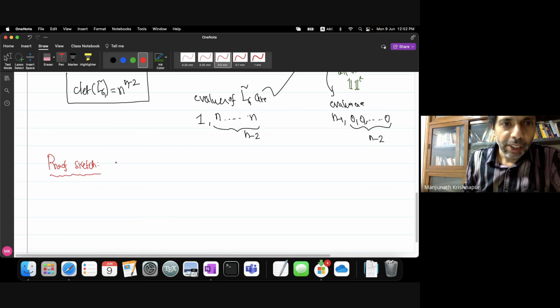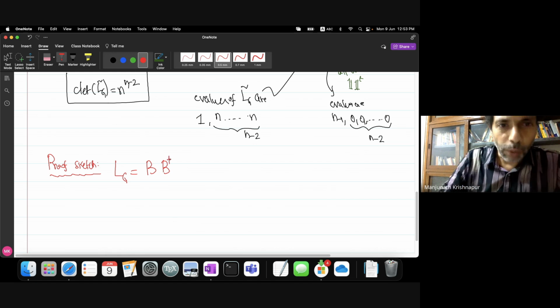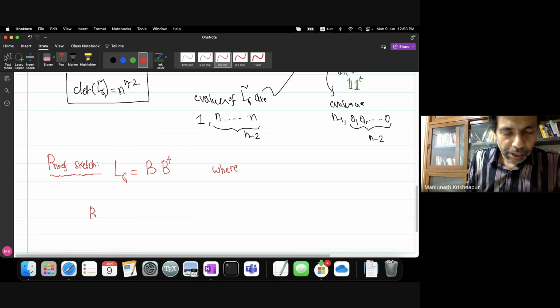Proof sketch is that LG can be written in the following form. LG can be written as B B transpose. Okay. What is the matrix B? B is like this.